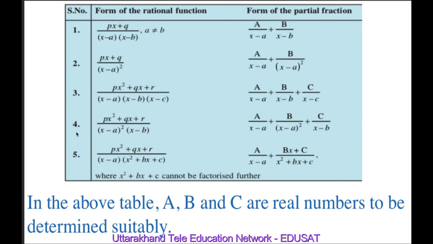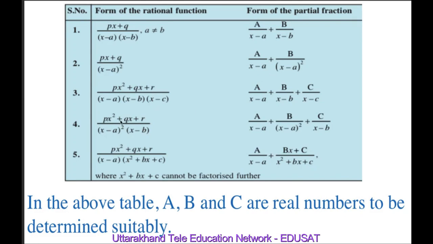If the rational function is of the form (px square plus qx plus r) upon (x minus a) whole square into (x minus b), then the first factor is repeating twice and the second factor is a single factor. So we know how to write the partial fraction for it: A upon (x minus a) plus B upon (x minus a) whole square, like here.